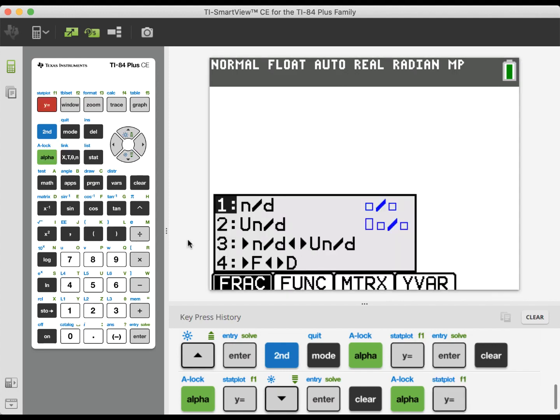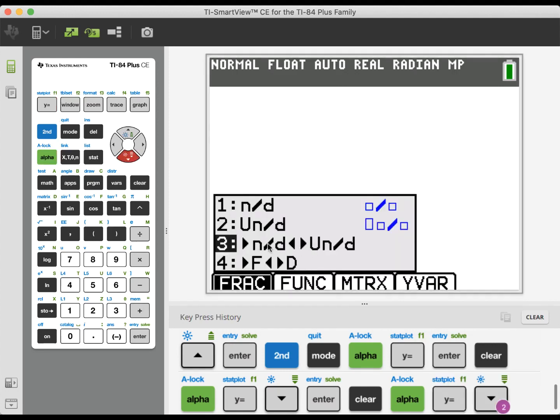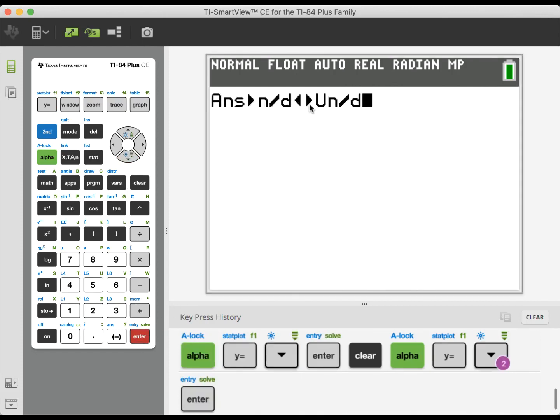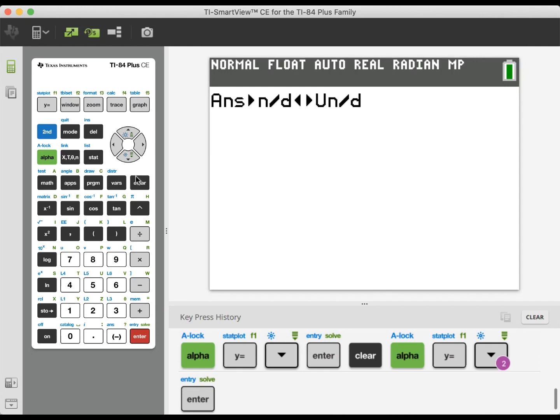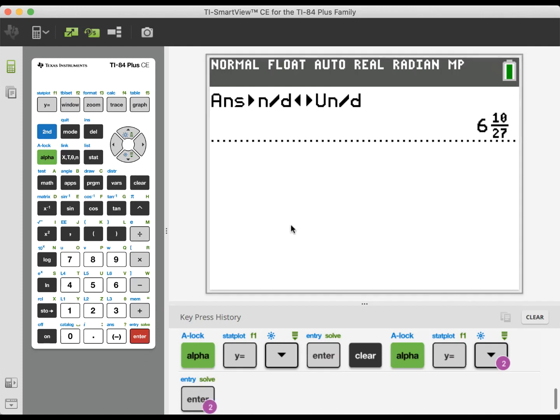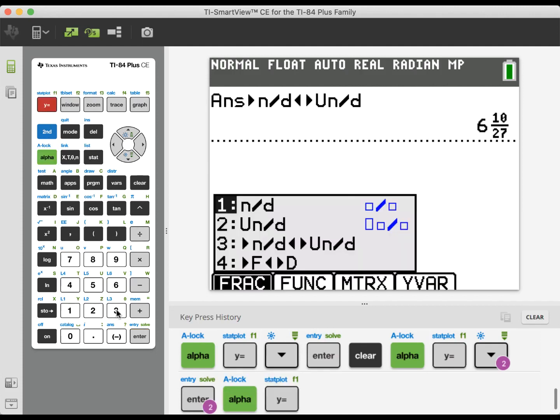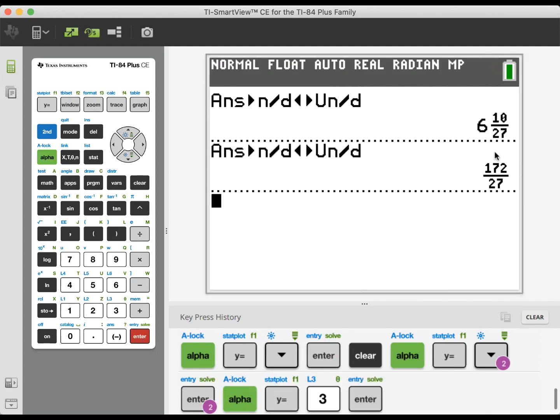This right here, that number 3 there, actually converts between improper fraction and mixed number. So if we do that, notice that that 6.37... is actually 6 and 10 over 27. That's in mixed form. But if I do that one more time, notice that it puts it back in the improper fraction form.